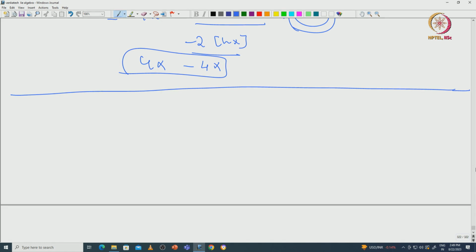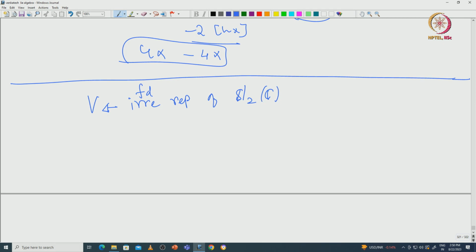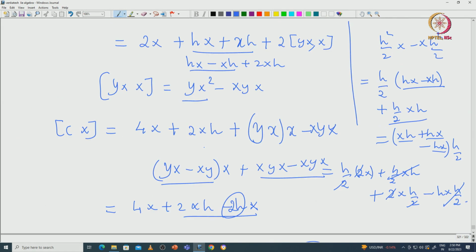So if you start with this irreducible representation, then what happens? If you take a finite dimensional irreducible representation of sl2 C, then this element C that we have written is nothing but what? So this is x y, okay, let me recall this new version.